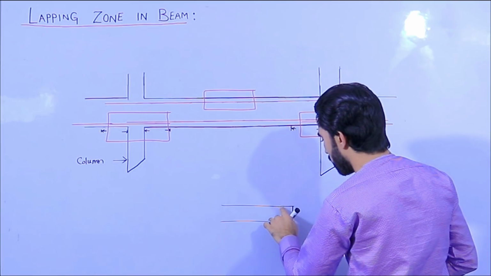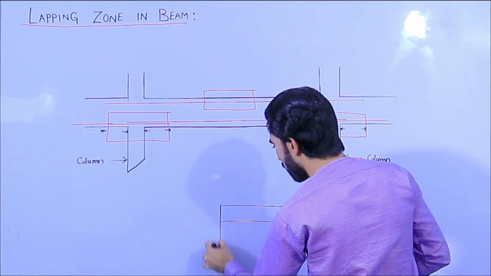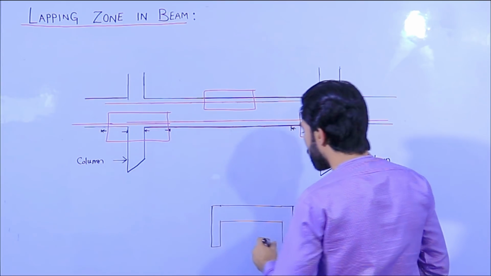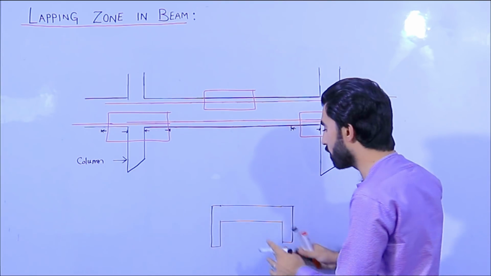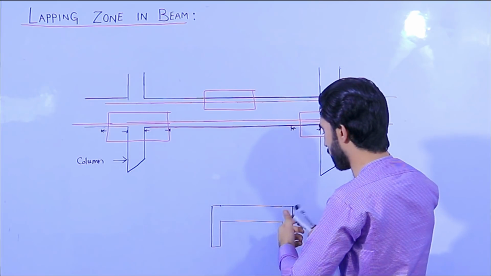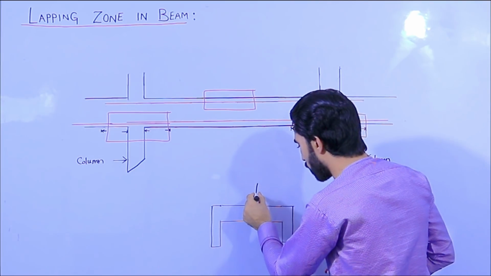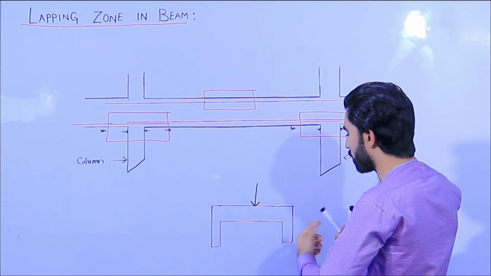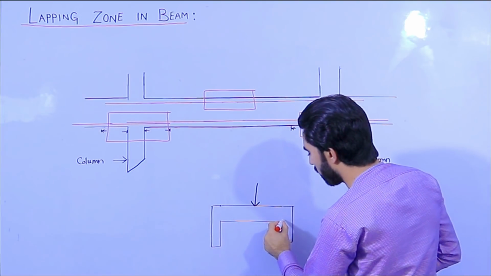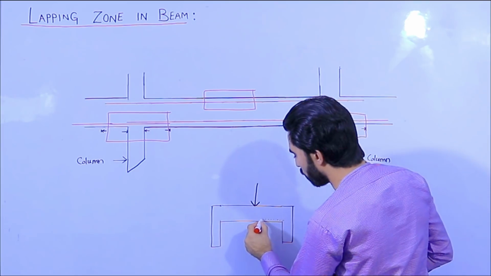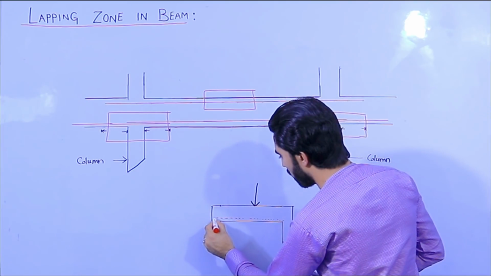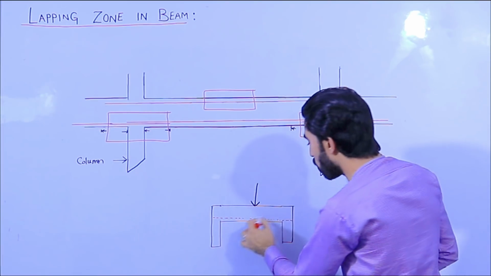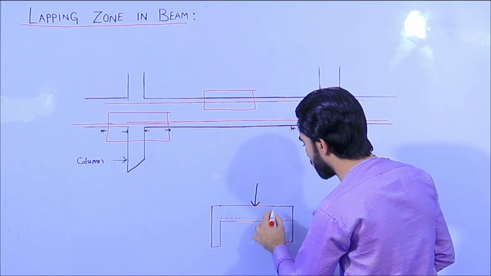Column. So guys, when the load comes on the beam like this, you can see this is the bottom steel bar. This dotted line shows you the steel bar. So when the load comes on the beam, this steel bar makes a shape like this.